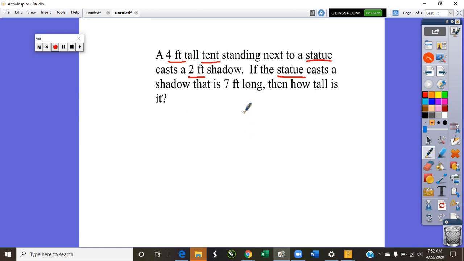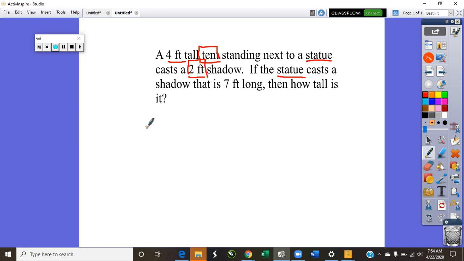So when we set this up, first of all we have to read this carefully. Let's talk about the tent first. What do we know about the tent? It is 4 feet tall, it's standing next to a statue, and it casts a 2-foot shadow.